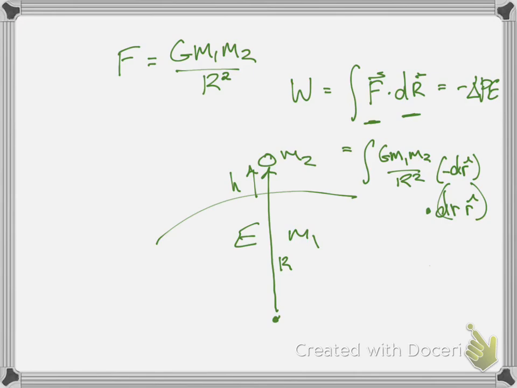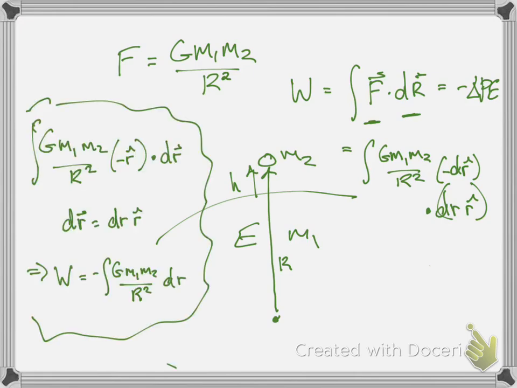That's a little messy, so I rewrote it over to the left, taking into account that these are vector equations and this is a dot product. The direction of the gravitational force is in the minus r hat direction, and the direction of dr is in the plus r hat direction. That's the second line over here, and the first line was what I read. And so that means the work can be written like this when we get rid of the dot product.